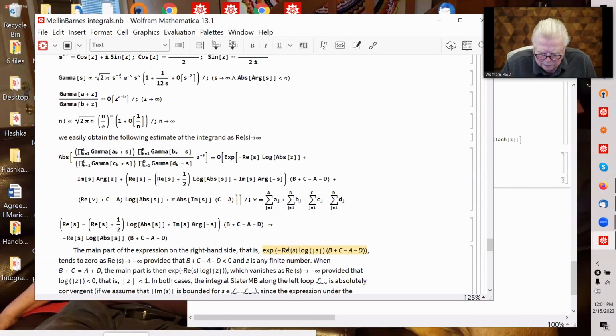Look: S multiplied by logarithm S and exponent.